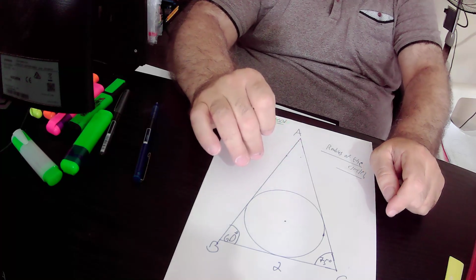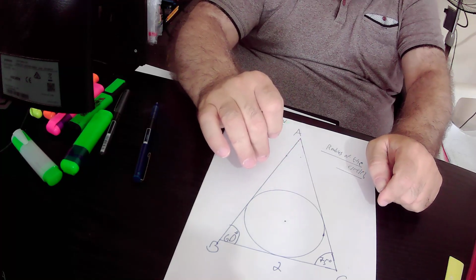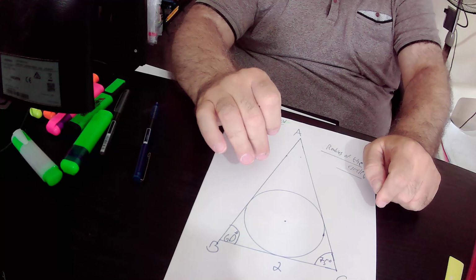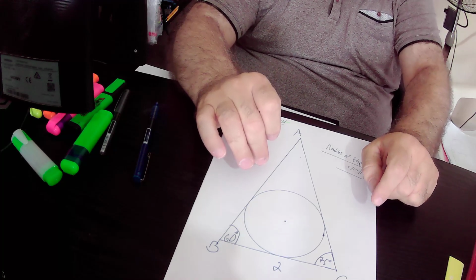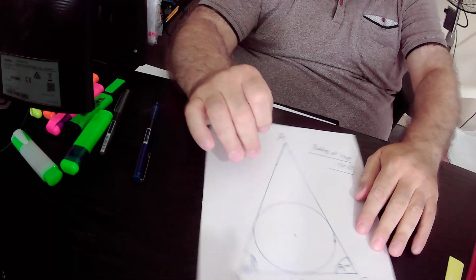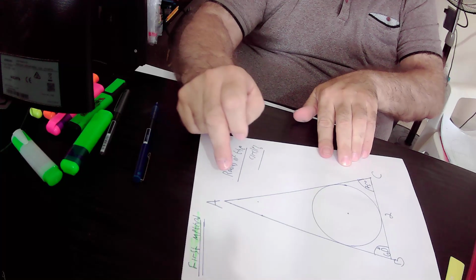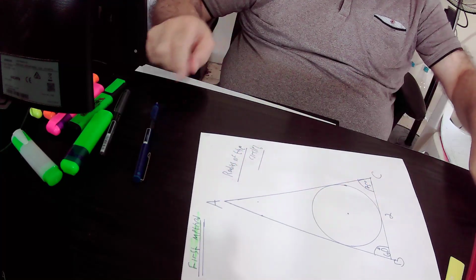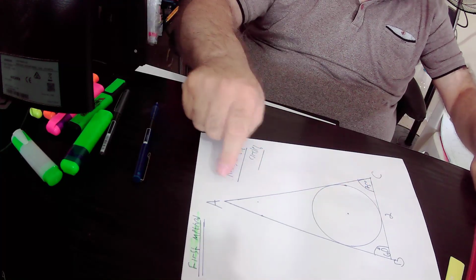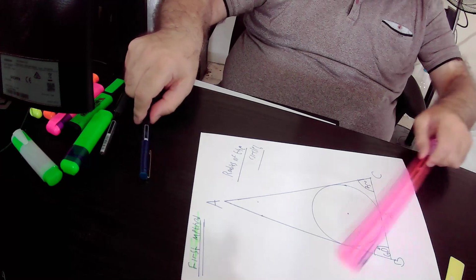So we start with the first method, and here we'll do a construction from point C. We'll draw a perpendicular on AB.